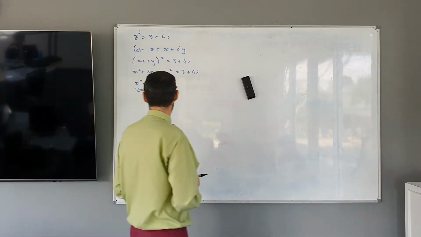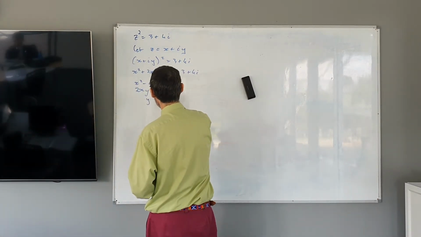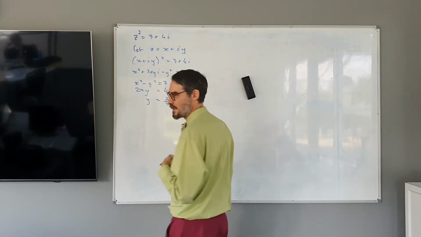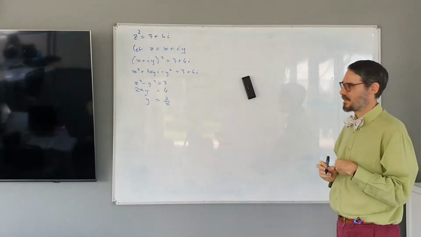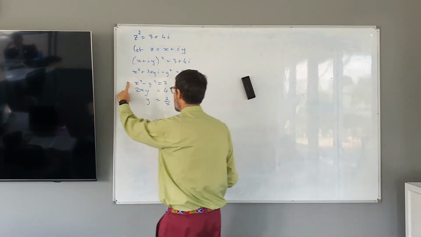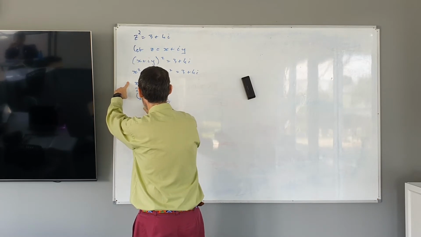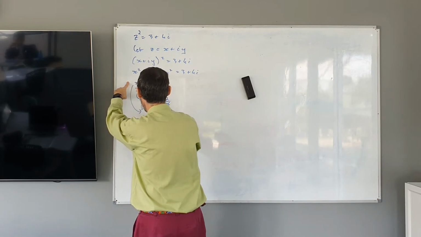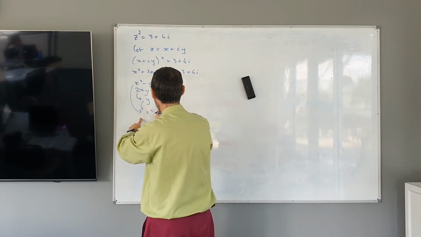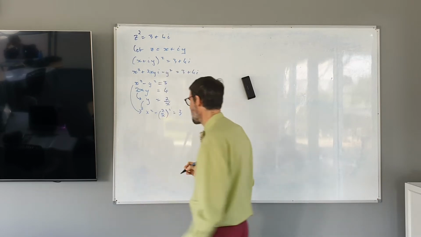Simultaneous equations. Y equals 2 over x. Now I'm going to substitute it into there. I'm going to go x squared minus 2 on x squared equals 3.